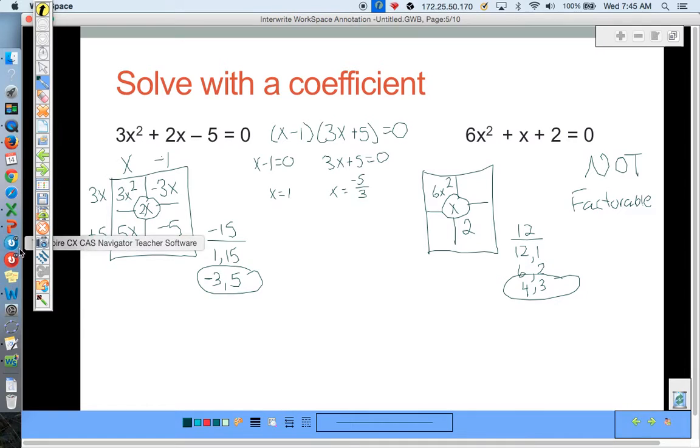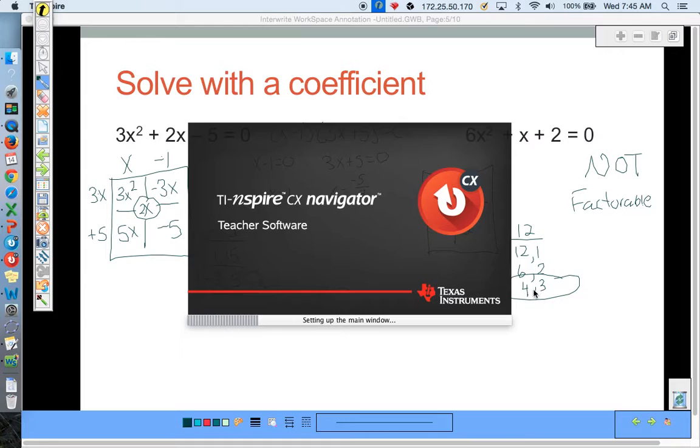And let's double check. Let's take a look and see what this looks like on the calculator. Maybe I'm missing something here. 6 times 2 is 12, so our factors, 6 and 2, 4 and 3, so that makes the 1, but if it was negative 3, it would be negative 12. I'm curious to see what this looks like on the graph.